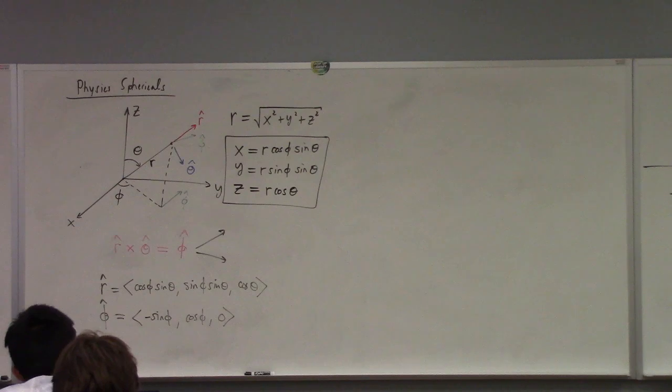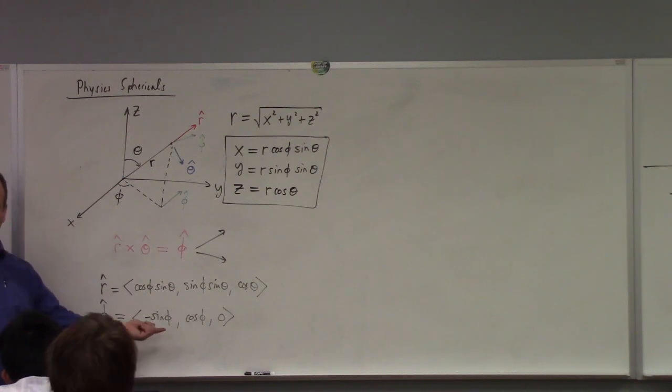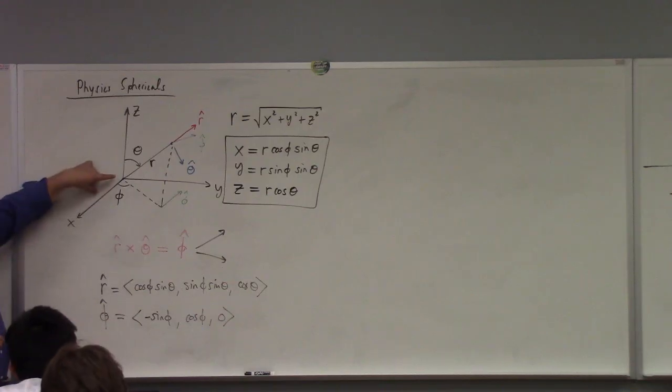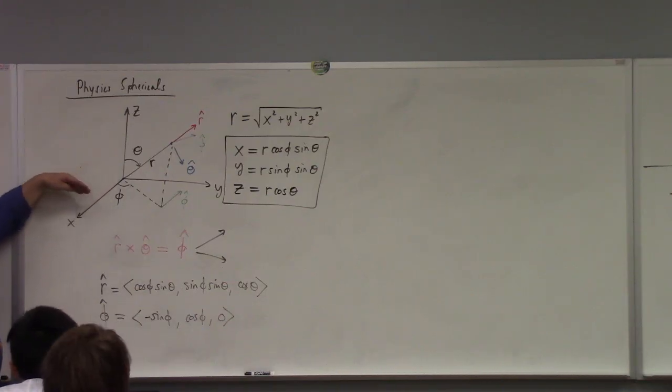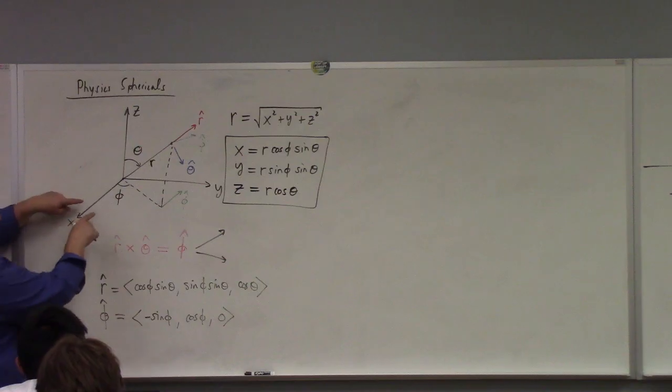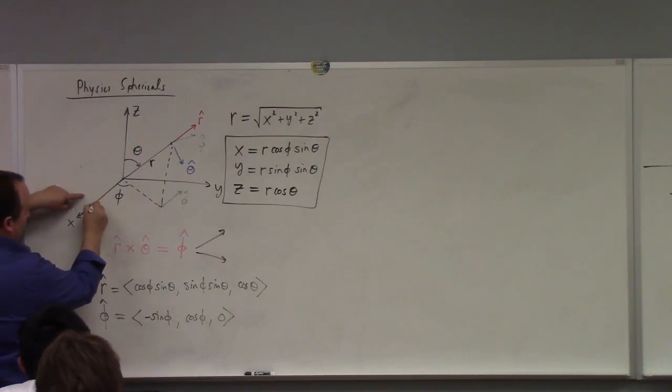So you could kind of check my formula, right? Because if you're down here and phi is 0, you ought to be pointing like minus y hat. No, y hat, right? Not minus y hat. Phi hat points like this, right?